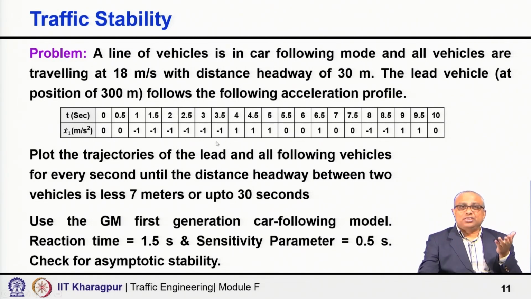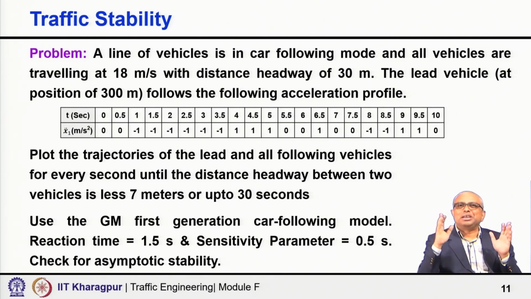Now, plot the trajectories of the lead and all following vehicles for every second. We want the plot at every 1 second interval until the distance between two vehicles is less than 7 meters, considering the average length of a vehicle.